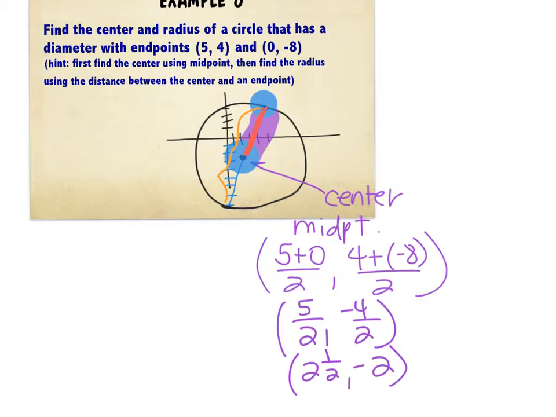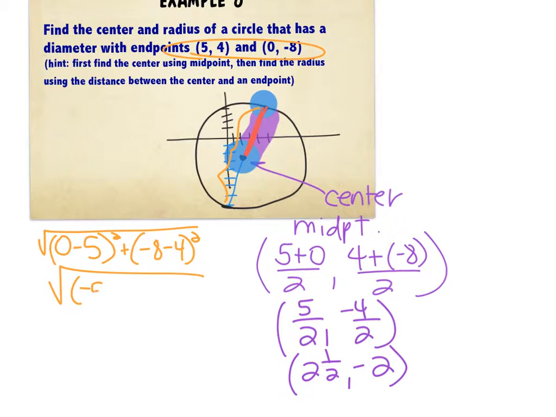Honestly, because there's a fraction in the midpoint, I would probably go with the first one this time. I would find the distance between these 2 points. So I'd get the square root of 0 minus 5 squared plus negative 8 minus 4 squared.